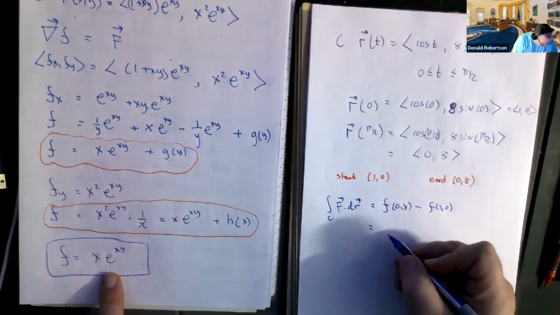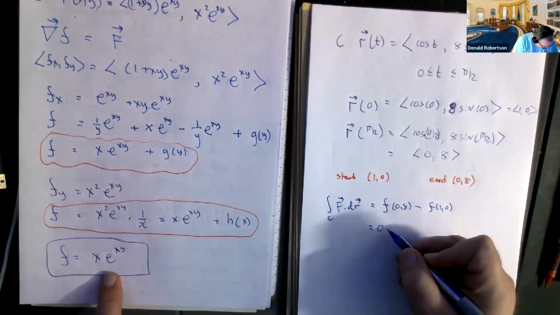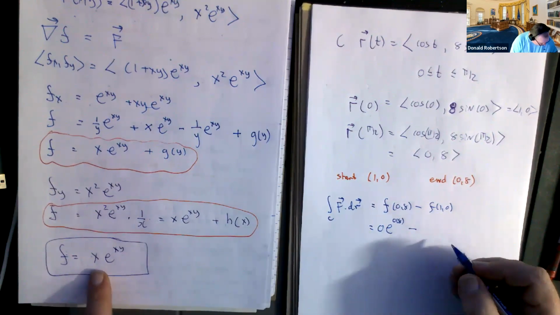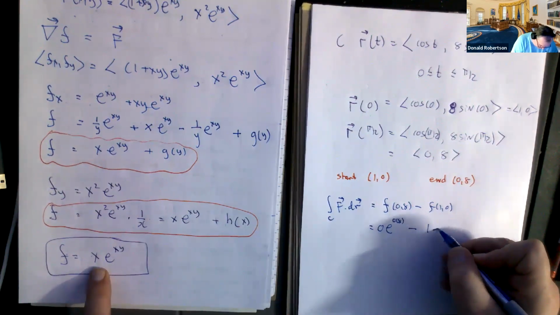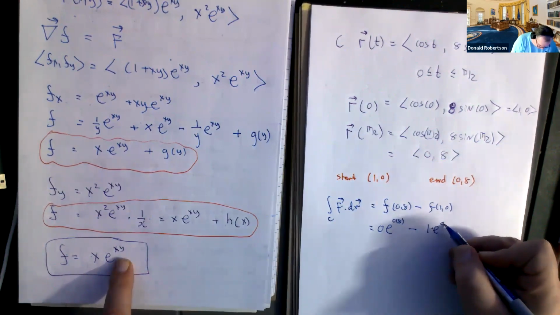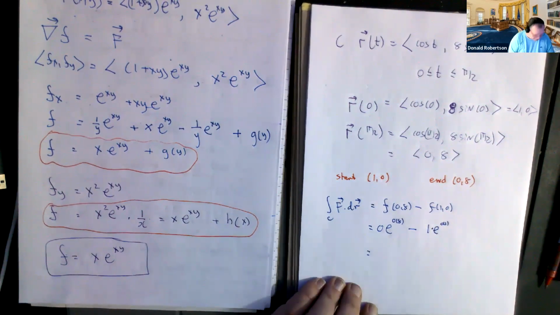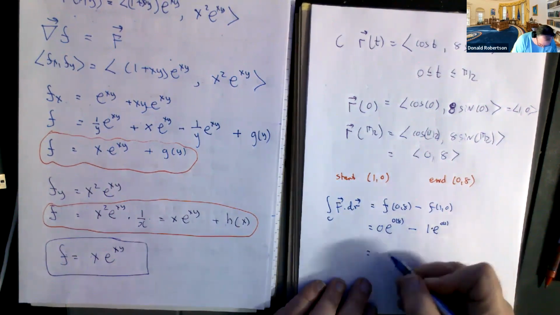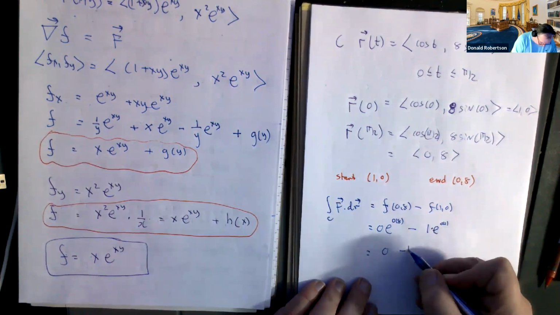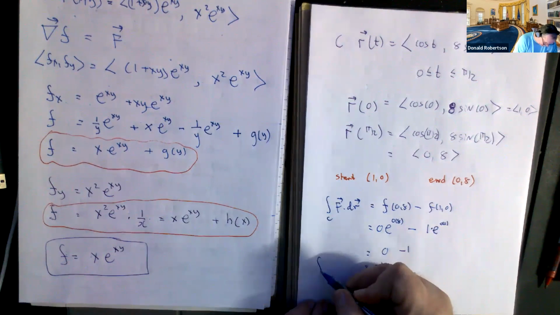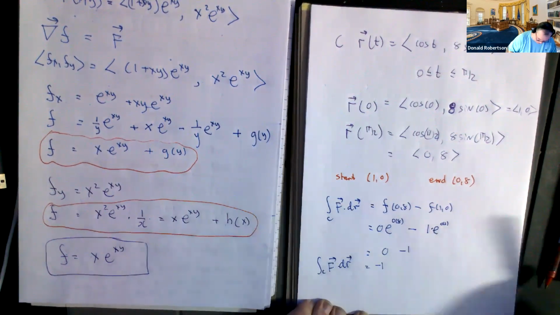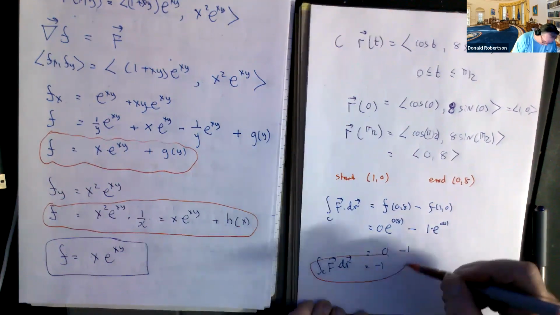Well, we have 0 e to the 0 times 8, take away 1 times e to the power of 0 times 1. That ends up being 0. And that guy ends up being e to the 0, which is 1. So you end up with -1. And that's actually the correct answer. There you go.